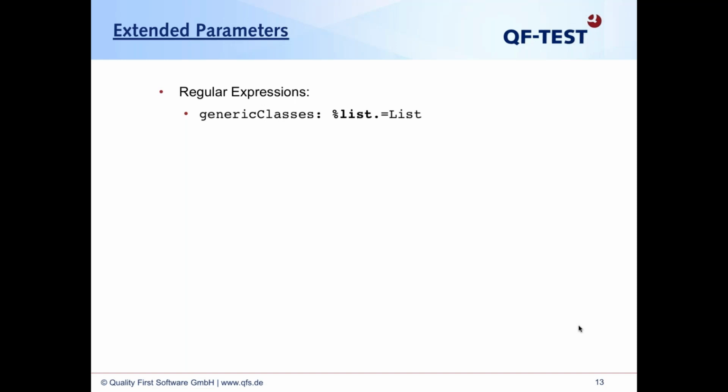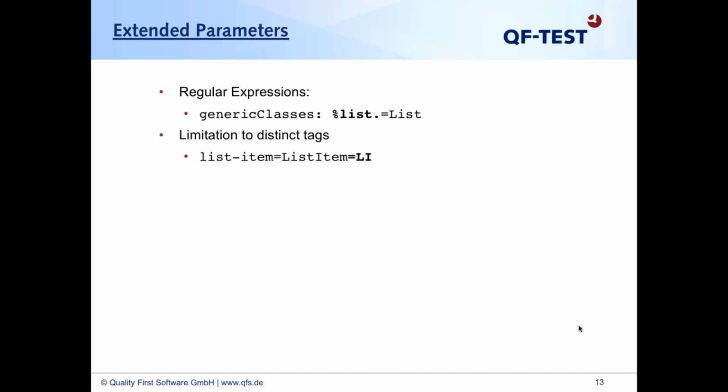And then there might be the case where you say, okay, I have a concrete mapping, but I just want this mapping active when, for example, the CSS class is assigned to a DOM node with a specific type tag. So you can limit this to some distinct tag. For example, here we just want DOM nodes with the list item CSS class mapped to the generic class ListItem in QF-Test when the DOM node has the tag li.